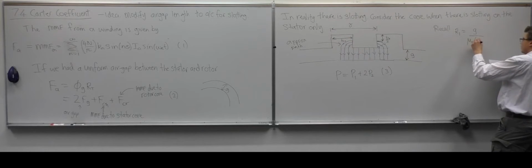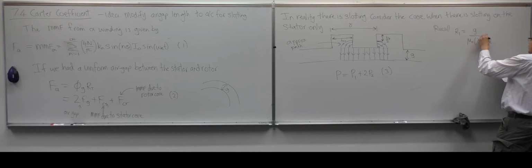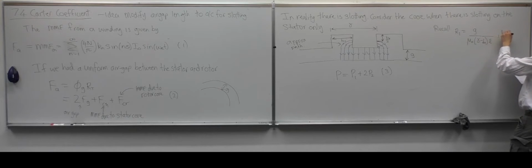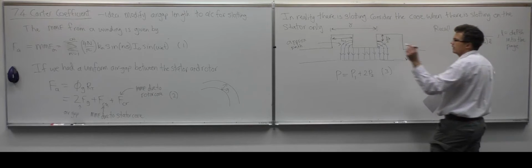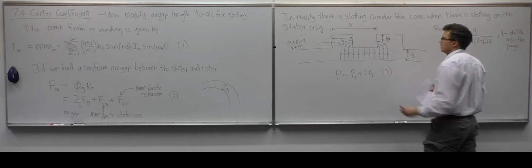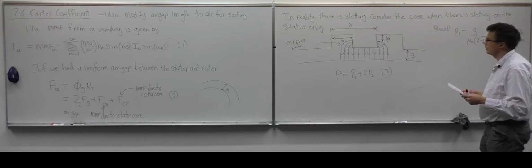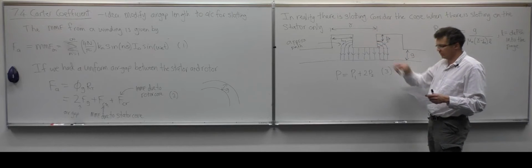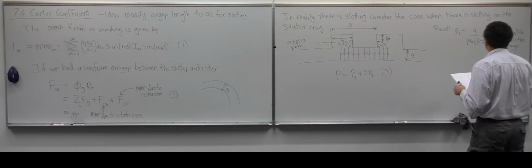So mu naught gamma minus beta naught times L, like that. L is the depth into the page or the board, because the area is the cross-sectional area times the depth. That's what the flux is flowing through.